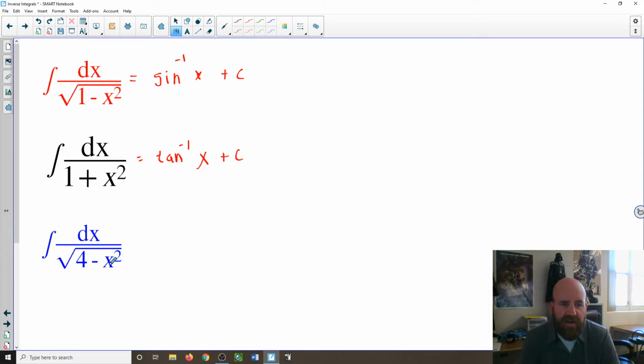We need to identify the u, so we have x squared, so u is x, and then a squared, so our a would be 2. So we put it into the format for arc sine. We have u over a, so x over 2. So we're doing arc sine of x over 2 plus c.